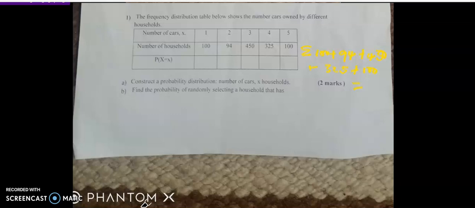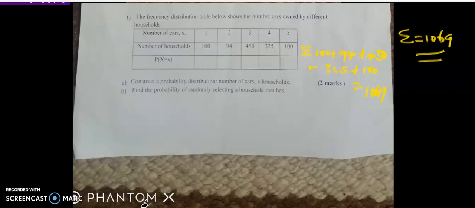Put that in your calculator and you will get 1069. So the summation of the households gives us 1069.